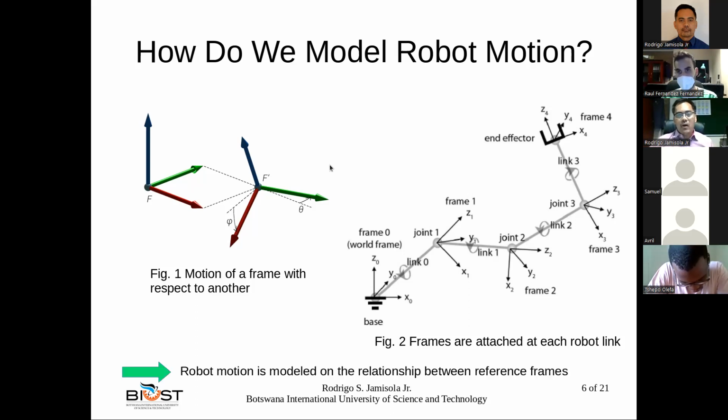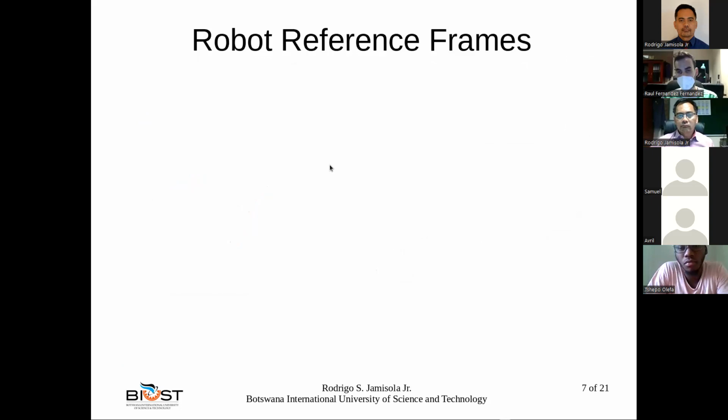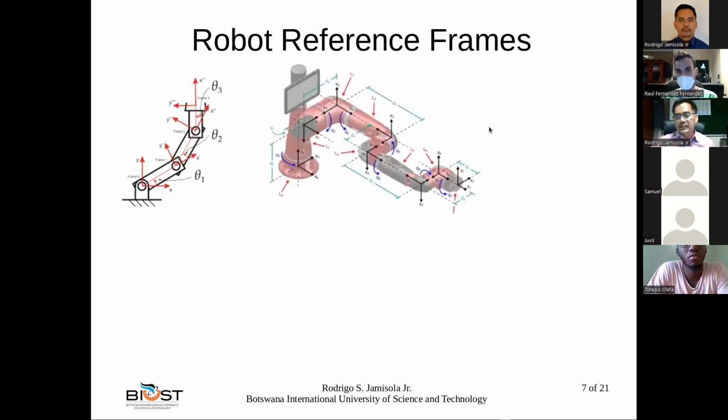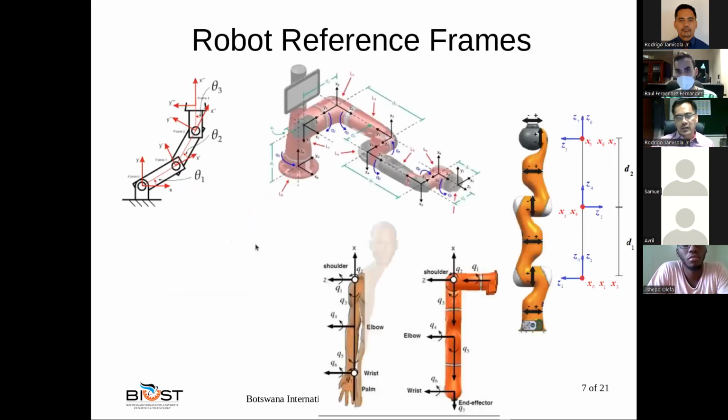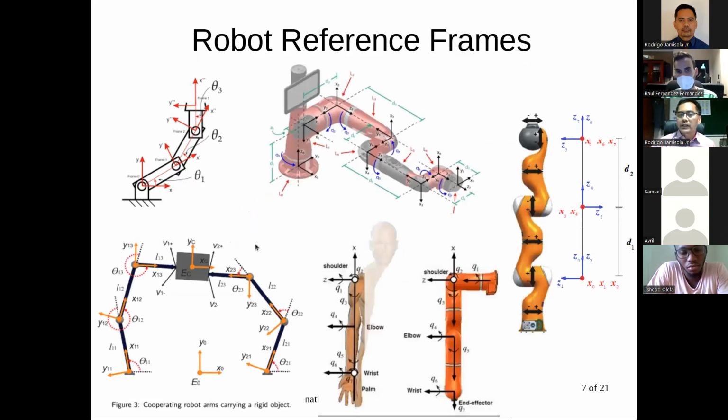Now, these are just some examples that I showed, and Dr. Rahul already showed that if you have a very complicated robot, don't worry about its complexity. All you need to do is assign frames to each joint. No matter how many joints there are, you just assign frames to each joint and express those frames with respect to one another.